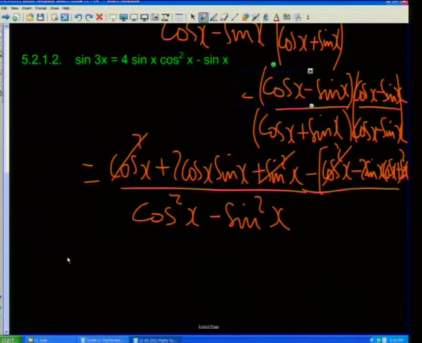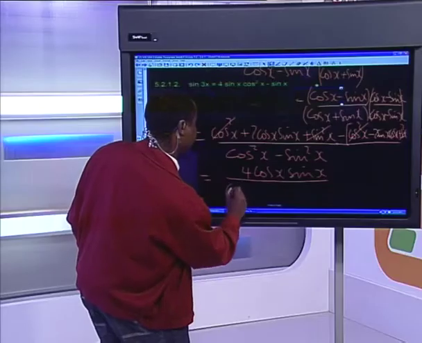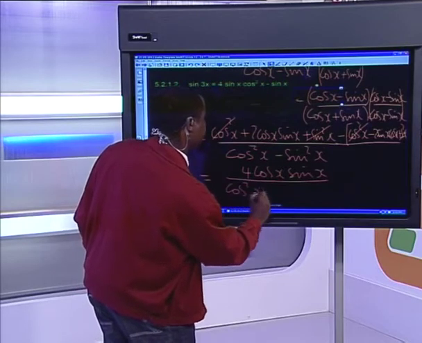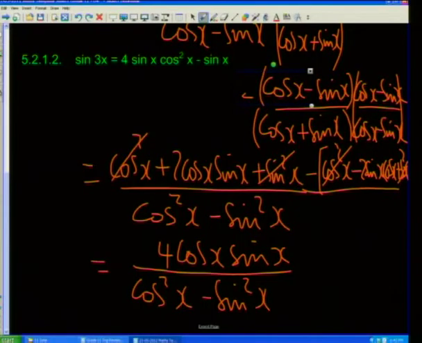If you add those two, you've got 4. That becomes 4 cos x sine x, and all of that is divided by cos squared x minus sine squared x.